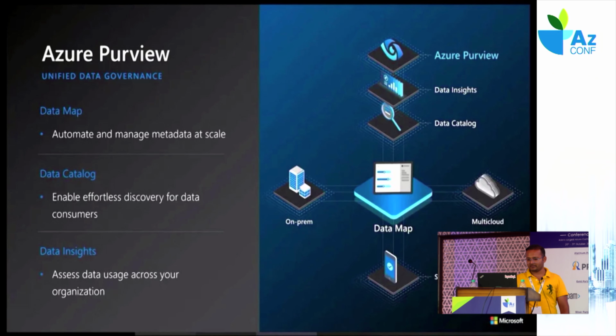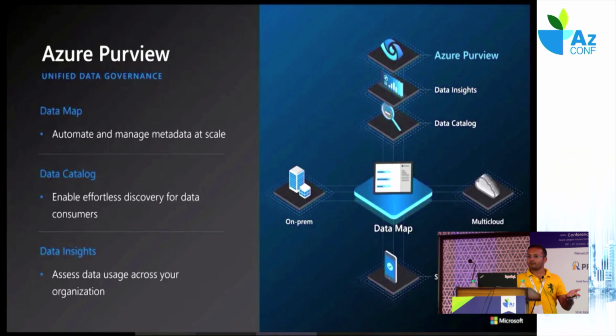And then you have the data insights, which is basically what kind of PII data I have in my organization, which tables have more PII data, and which tables do not have PII data or GDPR compliant data at all.